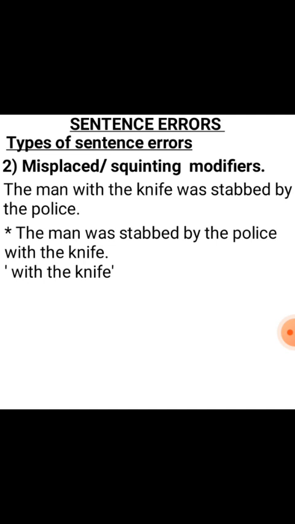That is what this sentence means. It has no two ways. So in order to avoid misplaced or squinting modifiers, you always need to let your modifiers be close to the word they are modifying. Do not separate them from the words they are supposed to modify. They need them.